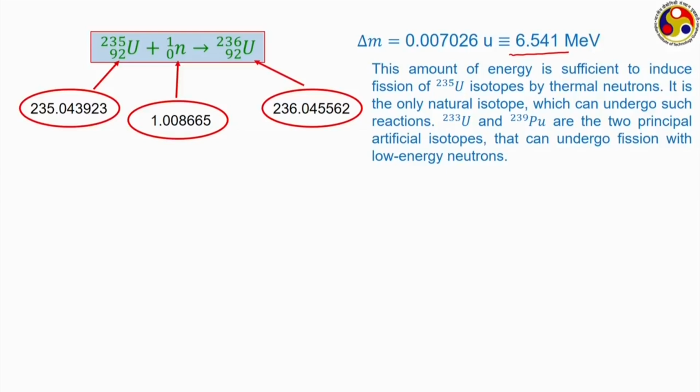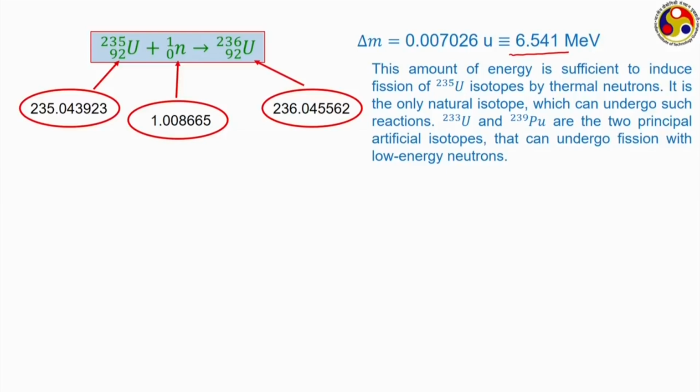But there are several artificial isotopes that can be produced, and out of these, uranium-233 and Pu-239 are the two principal artificial isotopes that can also undergo fission when struck by low energy neutrons. So, what do we mean by a thermal reactor?